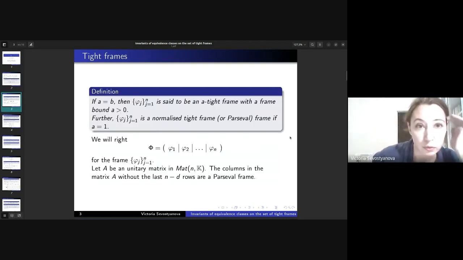The next definition is the definition of a tight frame, when the bounds are equal, as I said. We consider normalized tight frames, or Parseval frames, when these parameters are equal to 1. As usual, if we fix the standard basis, we can write a frame as a matrix such that the columns of this matrix are the vectors of the frame.